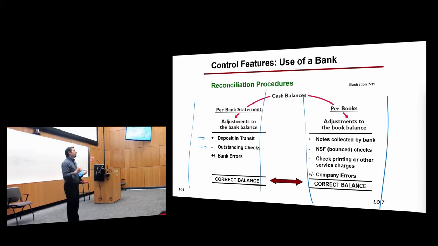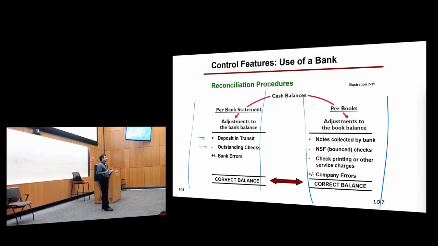Okay? There are also other service charges, check printing, etc. from the bank. The bank might also charge you for interest, etc. So those are different expenses that the company will have to adjust their cash account for. And finally, you have to fix any errors. If your accountant by mistake entered the wrong check amount, in the same way as we did before, a correcting entry must be made.